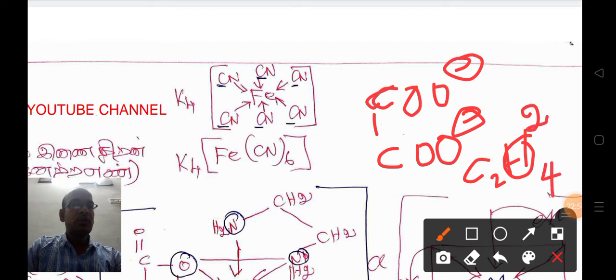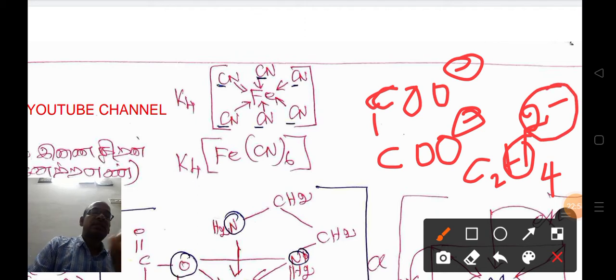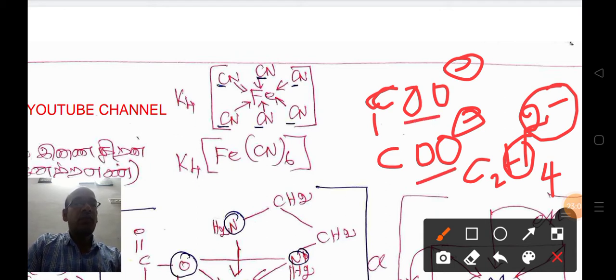Oxalate has a net charge; the ligand oxalate charge is -2, that is C2O4 2 minus.